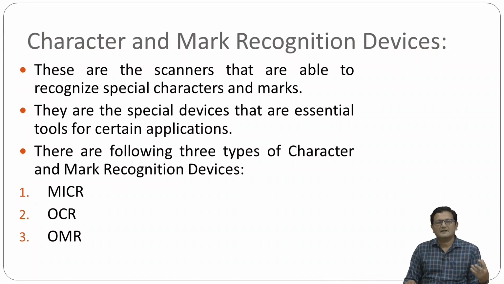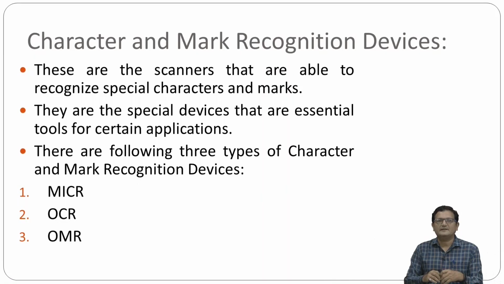Now once the particular shape is captured by the optical scanner, it will be matched with multiple images, and there is software which will recognize that particular shape, right? Whether it is the shape of alphabet A or alphabet B or alphabet C and so on.